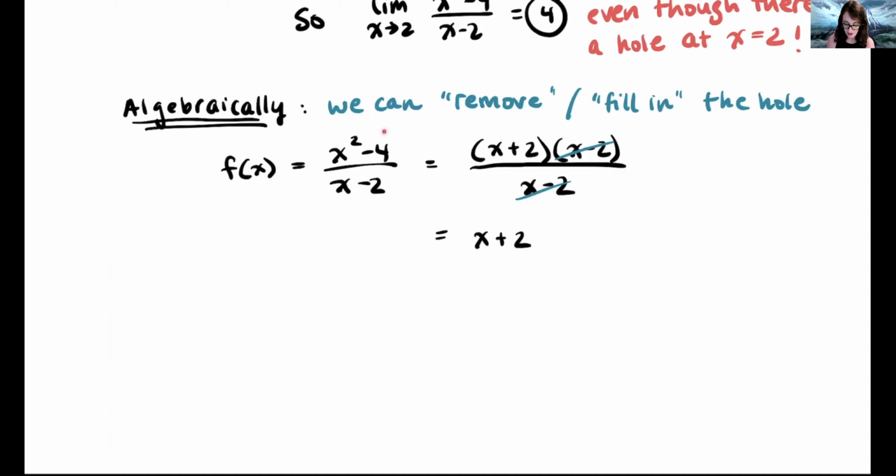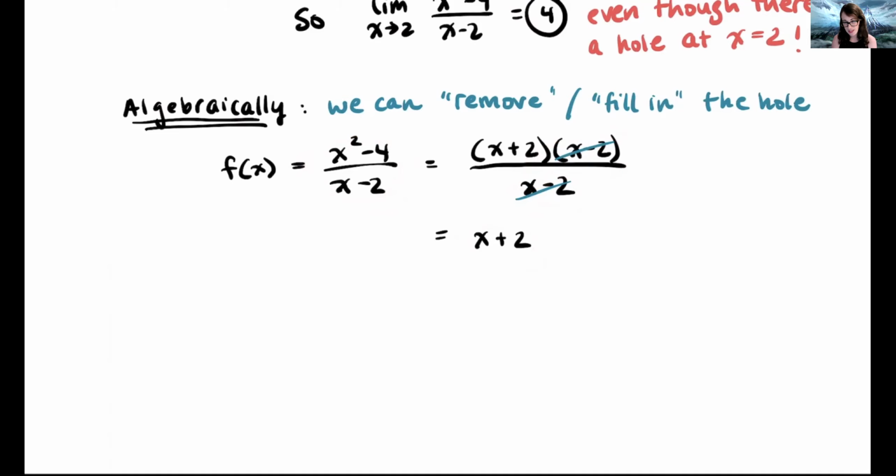If you have a function like this and you cancel out the hole, the graph of the original is going to look just like the graph of what you get after you cancel the hole, except it will, of course, still have the hole there. So this is why algebraically the graph ends up being how it is, because for every other x value except 2, you're going to get a number here that will just cancel out and you just end up with x plus 2.